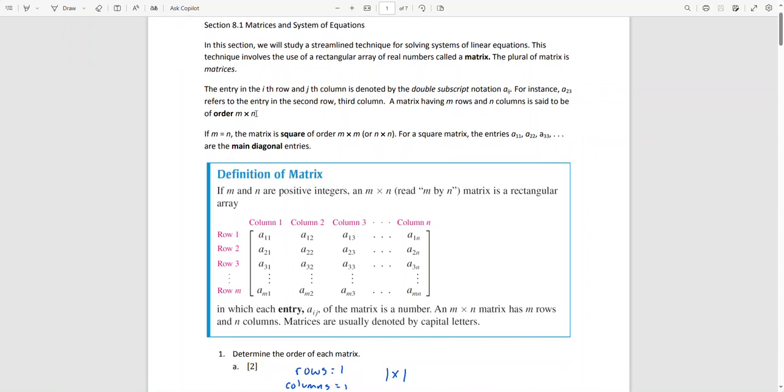If the order happens to be like a 2 by 2 or 3 by 3, or if m and n are equal, then we call it a square matrix, and we'll usually use n by n. I've very rarely seen it m by m. For a square matrix, the entries A11, A22, A33 right here, we call that the diagonal.